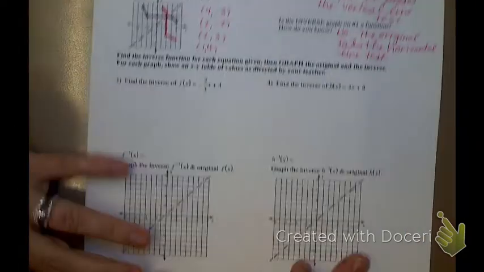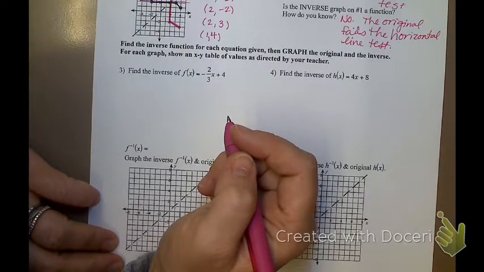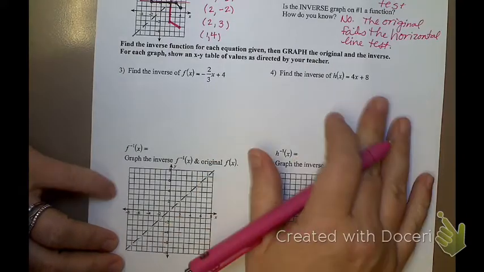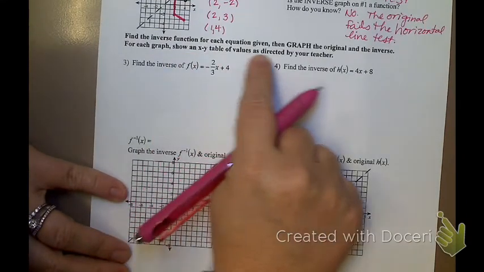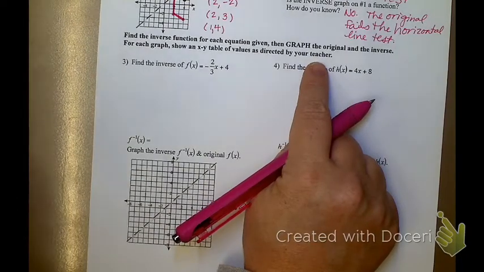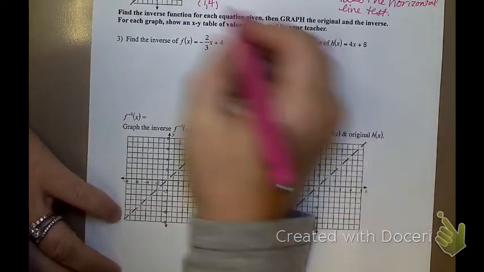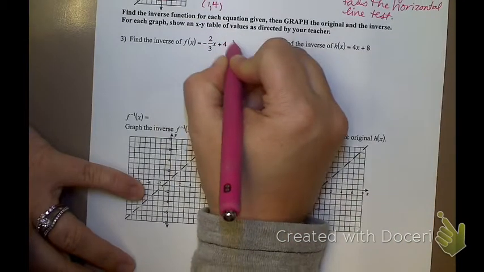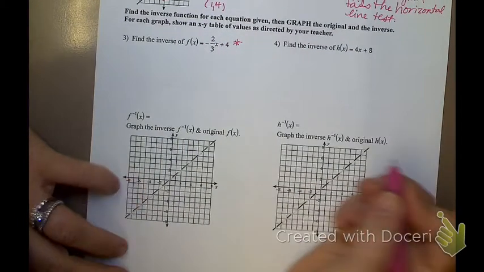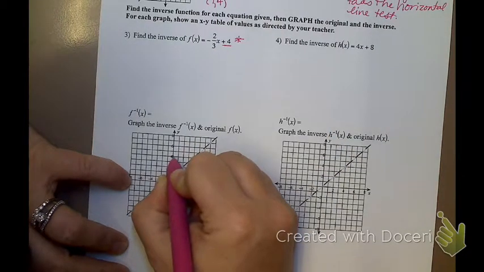All right, number 3, find the inverse, then graph the original and the inverse. For each graph, show an XY table of values as directed by your teacher. I personally don't require an XY table. I'm going to graph the original one in pink. I have a y-intercept of 4, so I'm going to graph that point at 4.